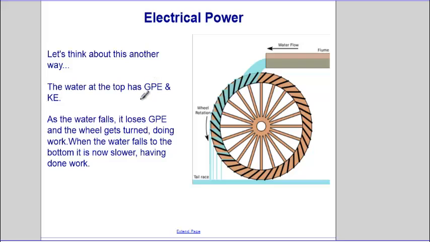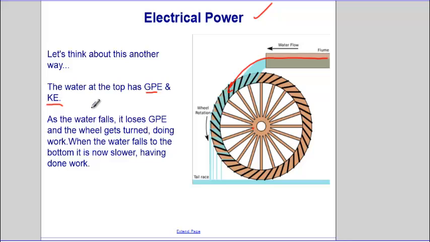So another way to think about electrical power is the rate at which energy is transformed. If we have a pipe with water flowing, you can connect a generator to this, and the rate at which the water wheel spins is related to the electrical power. The water at the top has GPE, gravitational potential energy.